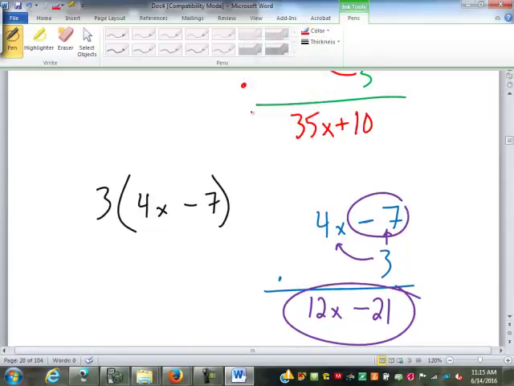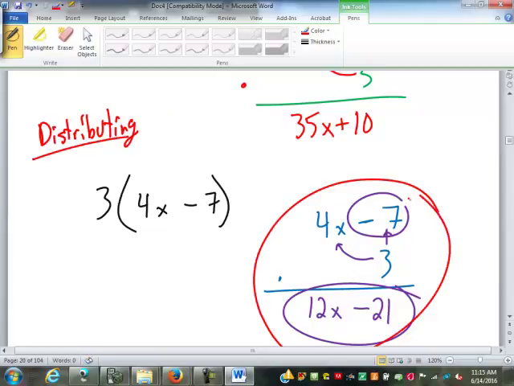Now some of you, or many of you, if you took algebra before, learned something called distributing. Distributing or distribution is just a shortcut for what we just did here. All that does is we multiply backwards, really. We see that this 4x minus 7 is multiplied by the 3, and we do this. 3 times the 4x is 12x. 3 times the negative 7 is negative 21.